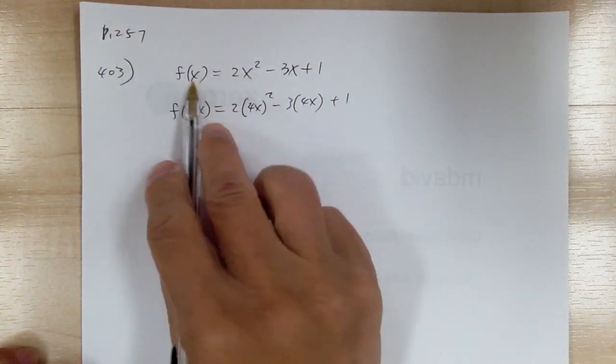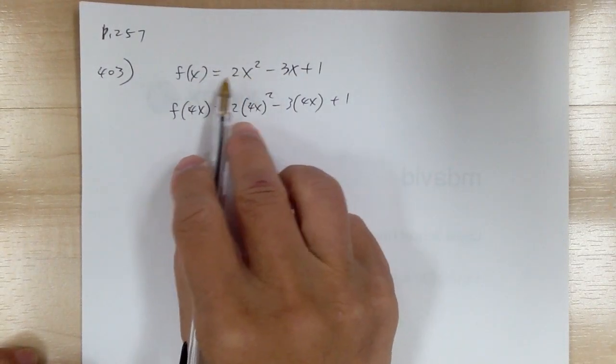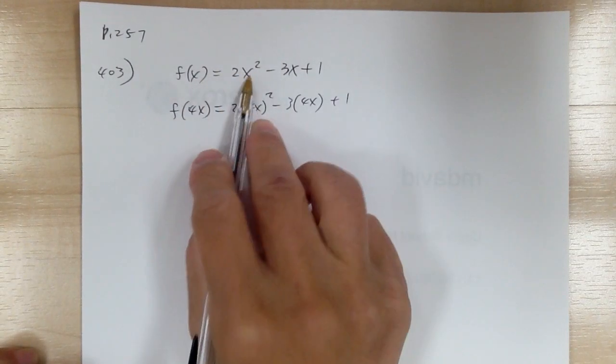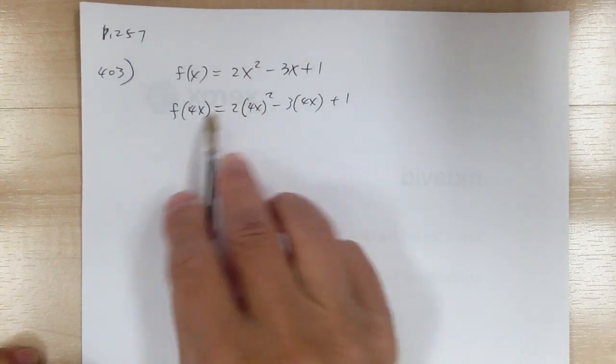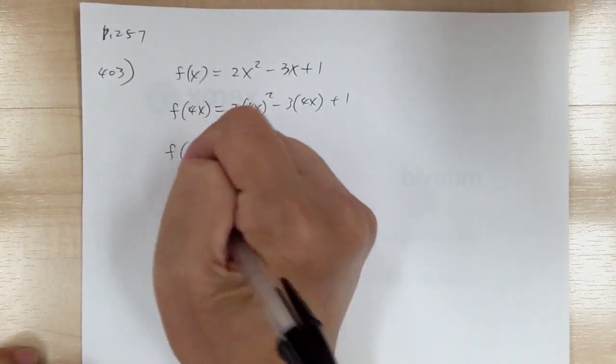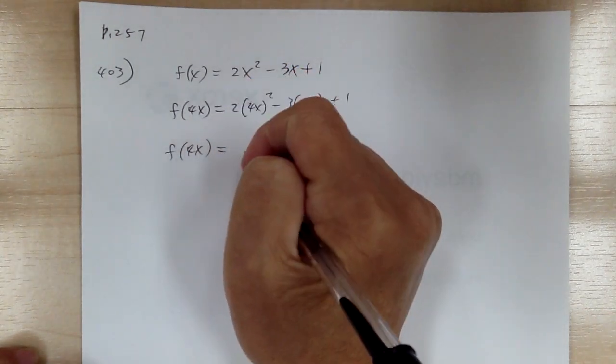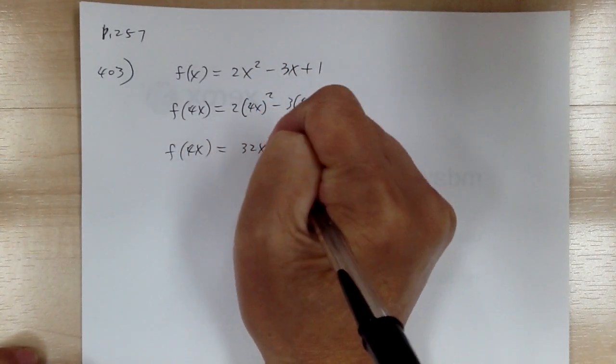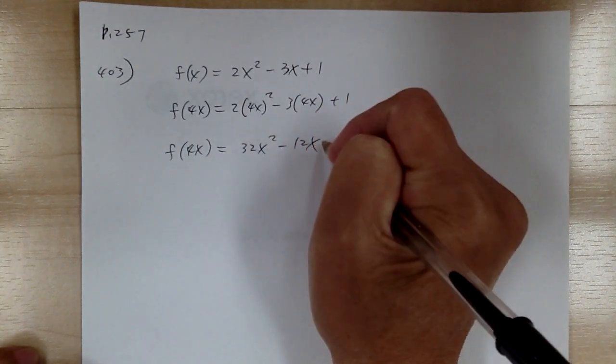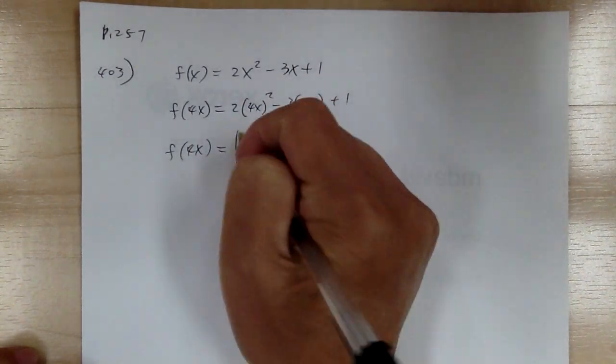So again, all you have to do is just matching. Whenever you see the x, they have to match. So f of 4x will equal 32x squared minus 12x plus 1. Okay, and that's it.